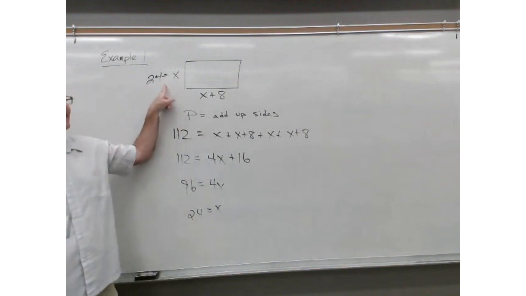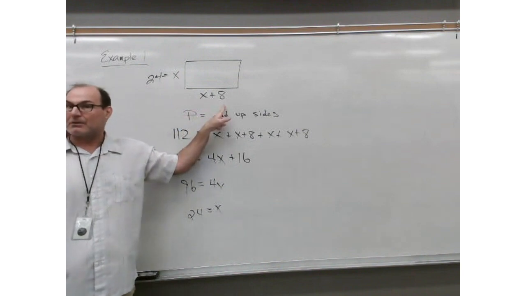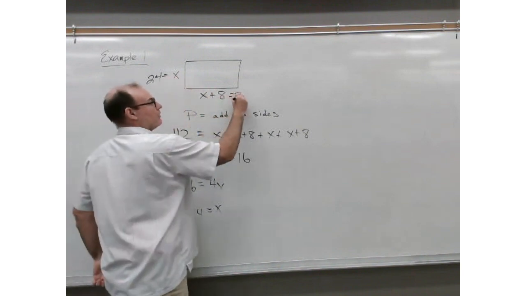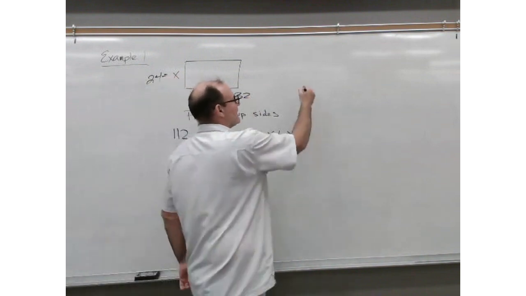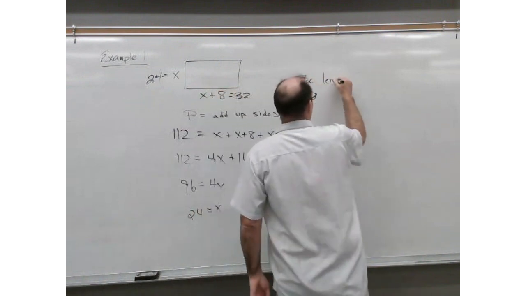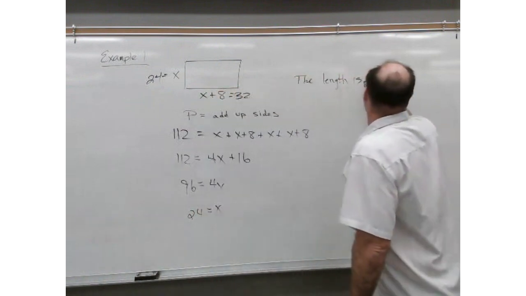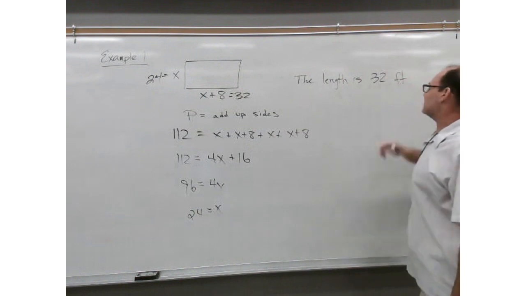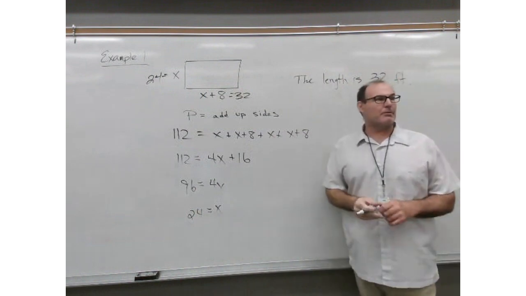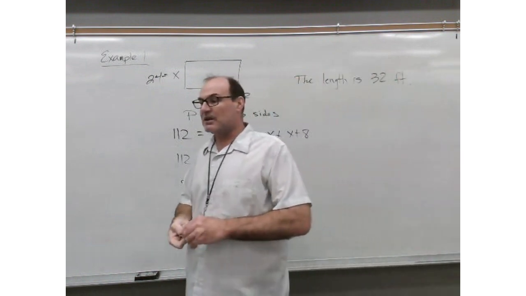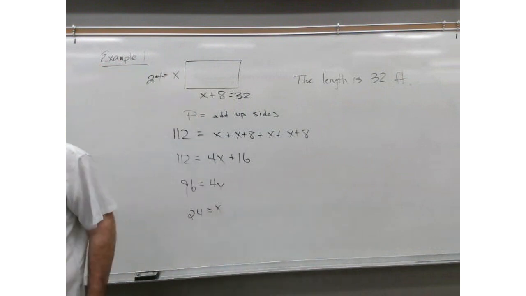Because once I have the width, what's the length? 32. And so I'm just going to come over here and say the length is 32 feet. Don't forget your units for word problems. If there are units, which there were in this case, then you want to give the units.